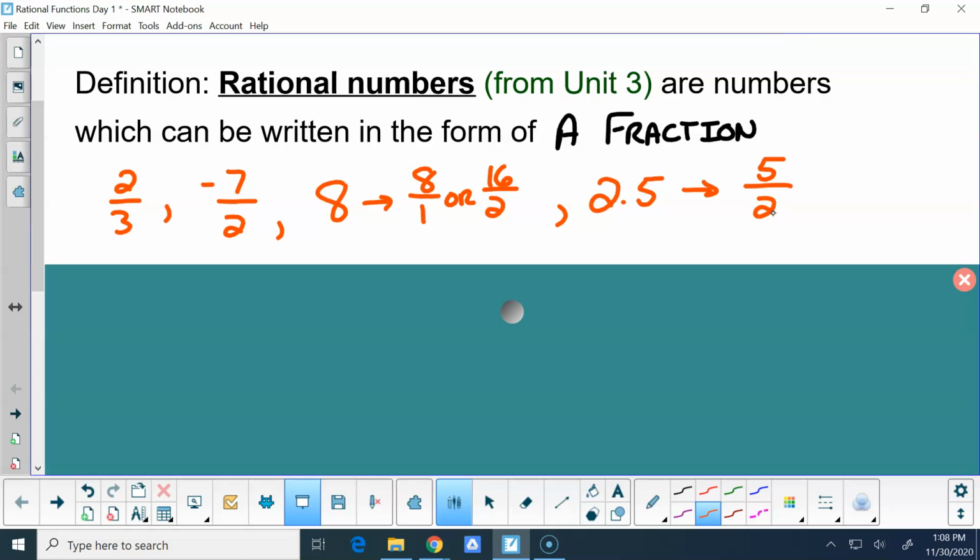Okay? So those are all rational numbers.